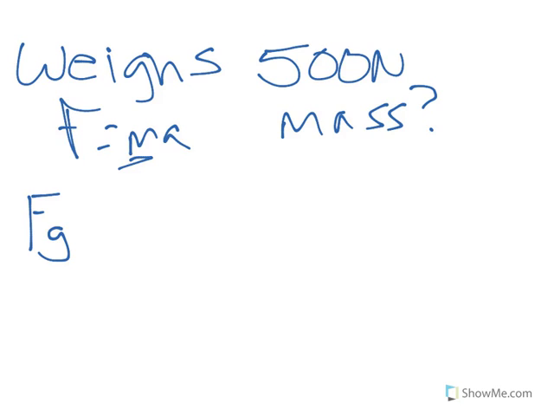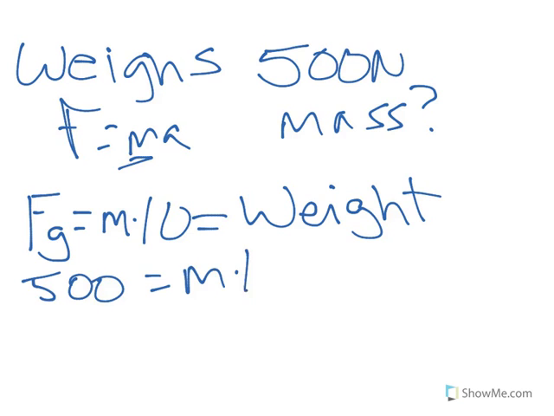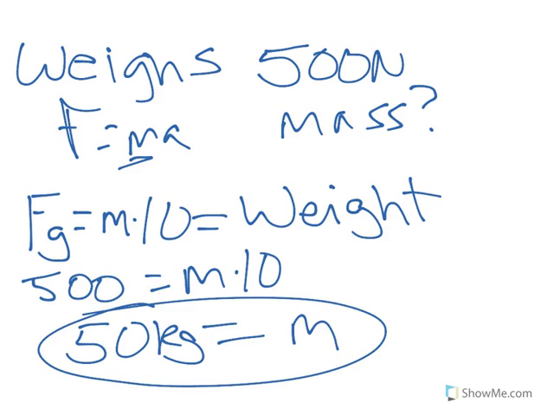If it's a centripetal force problem, please refer to the satellite problem that we've done before. But if it's on Earth, the force of gravity is equal to mass times 10, and that's also equal to the weight. So if the weight is 500, then 500 equals mass times 10. Divide by 10, and the mass would be 50 kilograms if the weight was 500 newtons. So if it gives you the weight in newtons, you divide by 10 to get the mass. That's fairly simple, please keep that in mind.